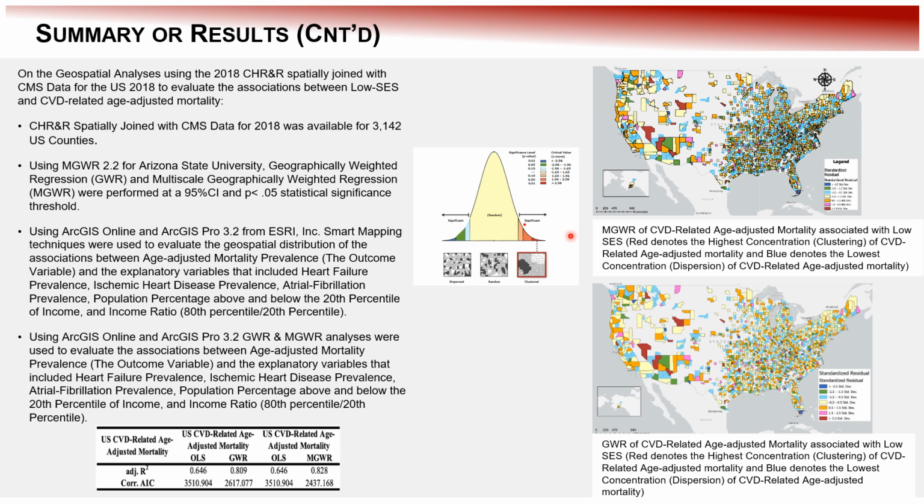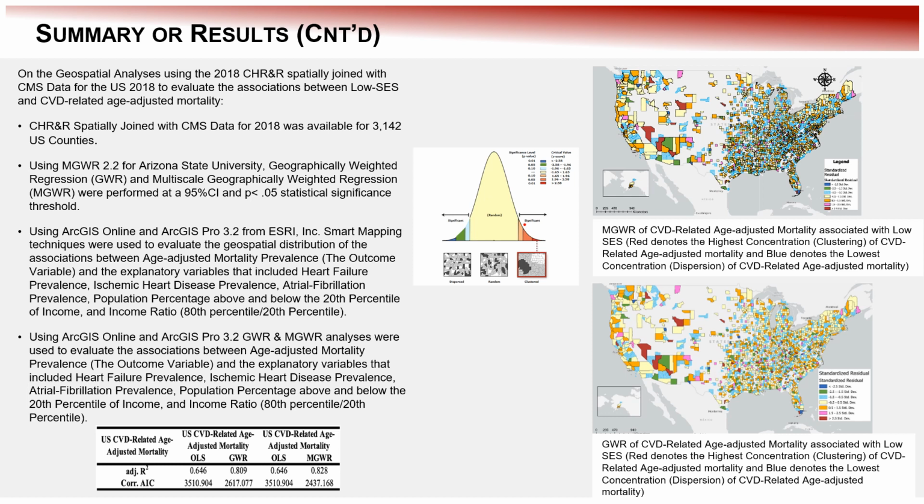We can see how in the upper right window, the multi-scale geographically weighted regression has a more compacted identification of these relationships, pointing to a higher concentration of cases compared to the geographically weighted regression, where it's more dispersed.